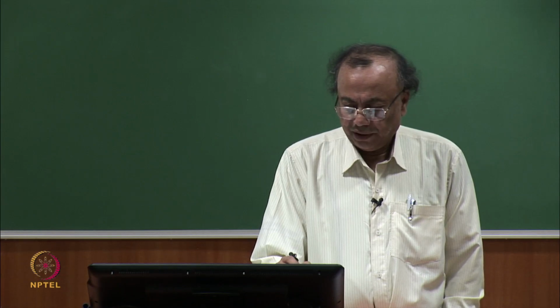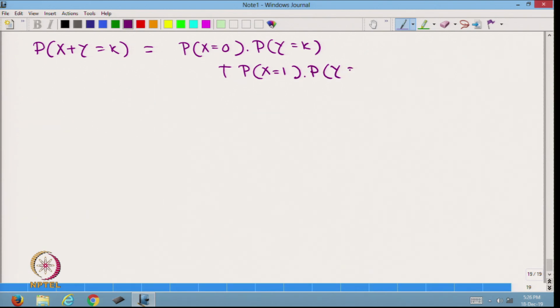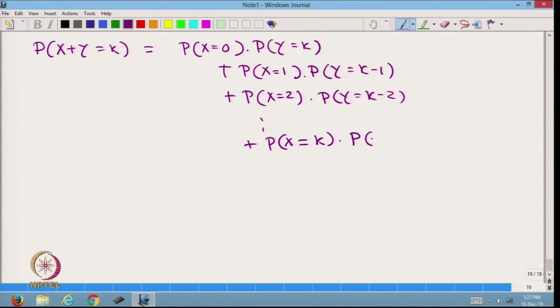Then probability X plus Y is equal to k, like the previous example, we are writing probability X equal to 0 multiplied by probability Y equal to k, plus probability X equal to 1 multiplied by probability Y equal to k minus 1, plus probability X equal to 2 multiplied by probability Y equal to k minus 2, up to probability X equal to k multiplied by probability Y equal to 0.